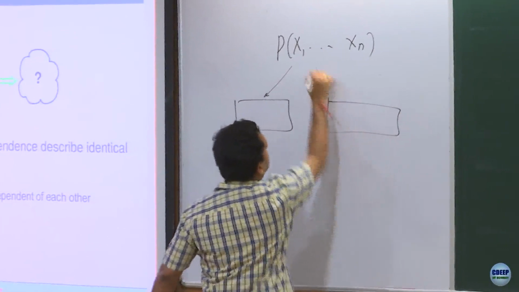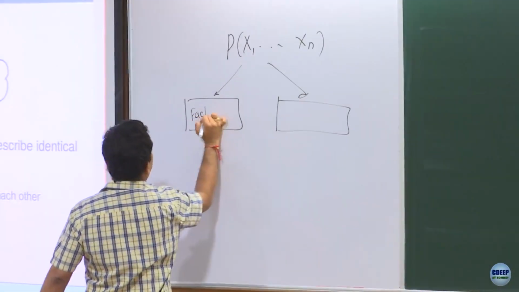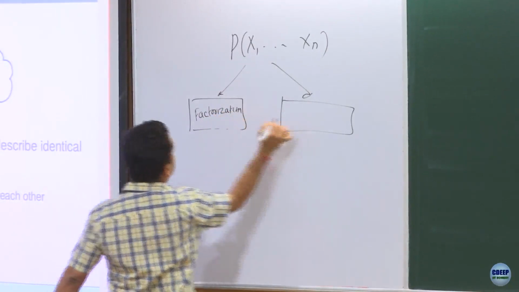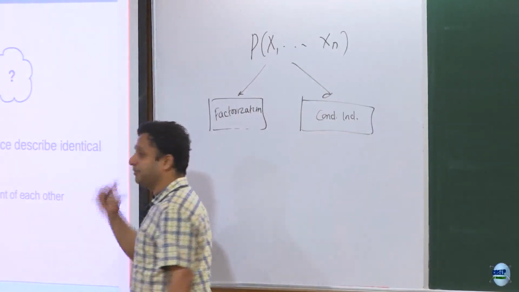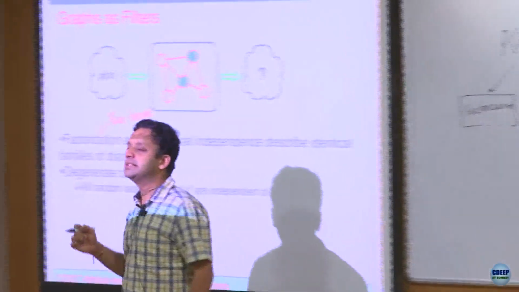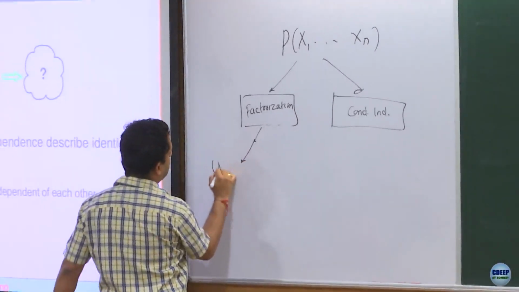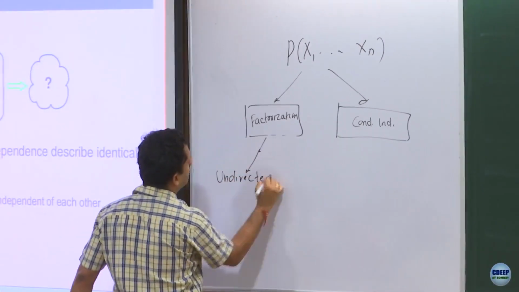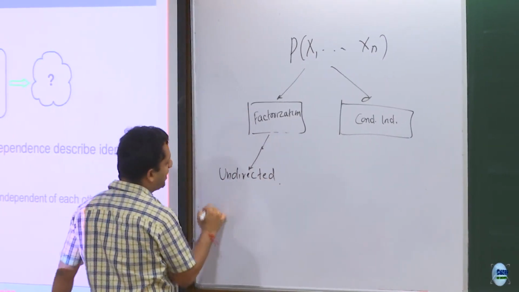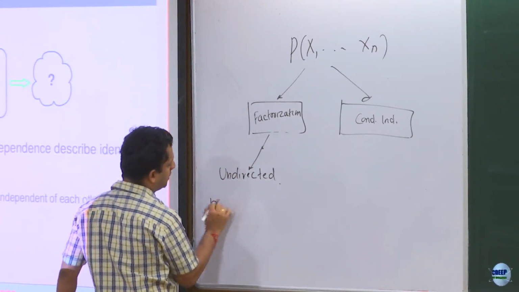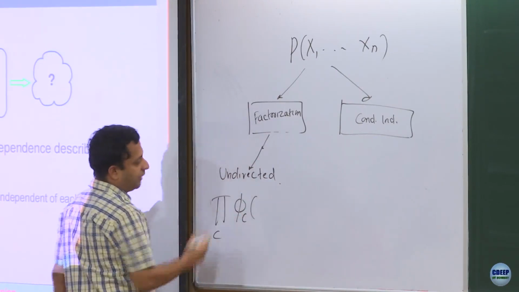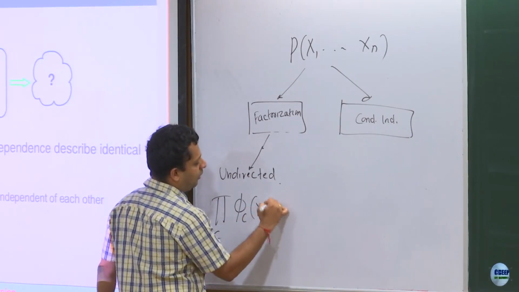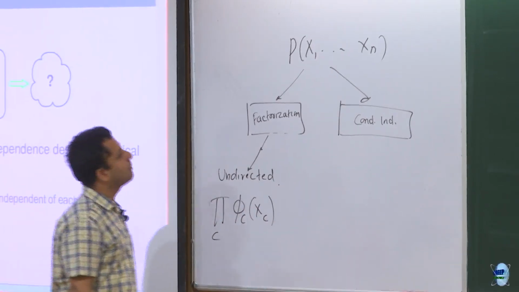These two lenses, factorization and conditional independence, both of them only let a certain subset of this family pass. So factorization will say, in the case of undirected, I will only accept this joint when it factorizes as a product over all the maximal cliques of the phi defined on those cliques, of x restricted to those cliques.